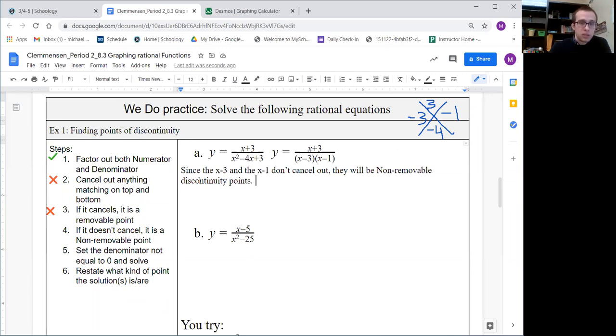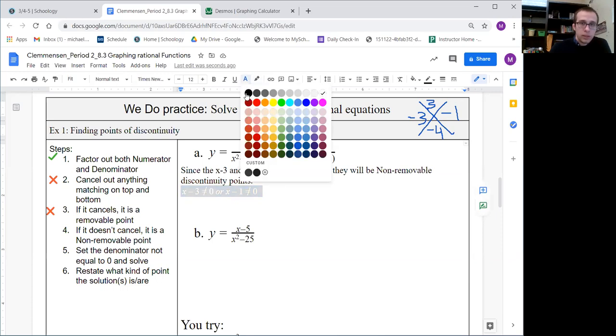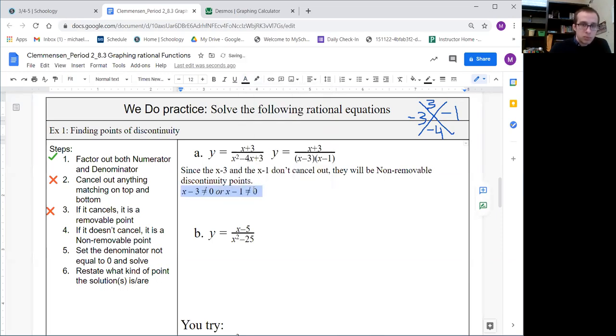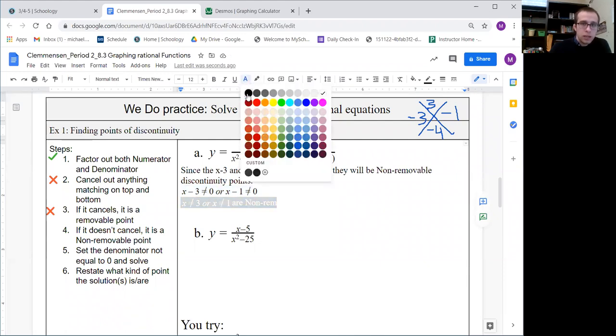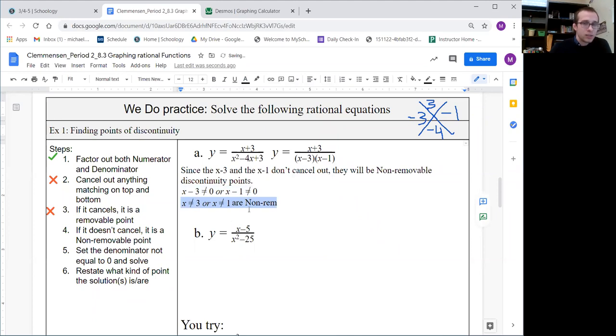So a non-removable discontinuity point, another word for that is an asymptote. So these are both going to become asymptotes in the end. Now I set each one equal to 0 and I solve. X minus 3 equals 0, x minus 1 equals 0. X equals 3 or 1. You don't have to technically, but I like to restate what it is.